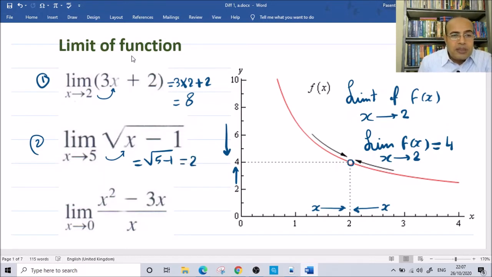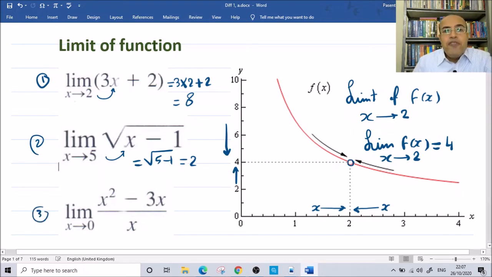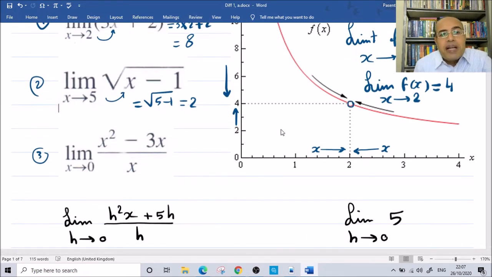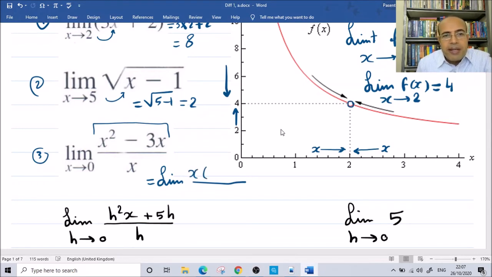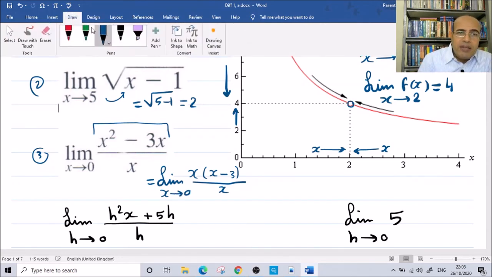What about question number 3? If you replace x by 0, it becomes 0 over 0. If you get 0 over 0, take a common factor. Which common factor? x, that gives us 0. So we write this as lim, take x from the numerator expression as a common factor, divide each term by x: x squared divided by x equals x, minus 3x divided by x equals 3, over x when x tends to 0.